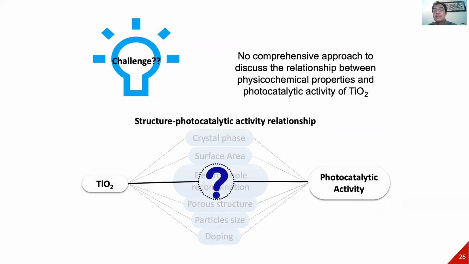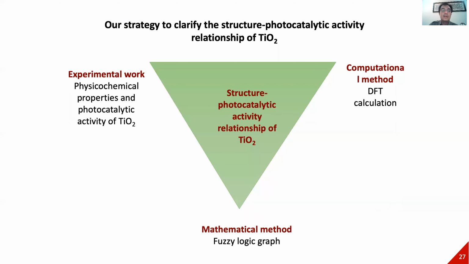Whether the dominant factor is the crystal phase, whether the dominant factor is the surface area, doping, and electron hole recombination, and so on. So in this approach, we use experimental works combined with the computational method, DFT calculation, and a mathematical approach using a fuzzy logic graph.